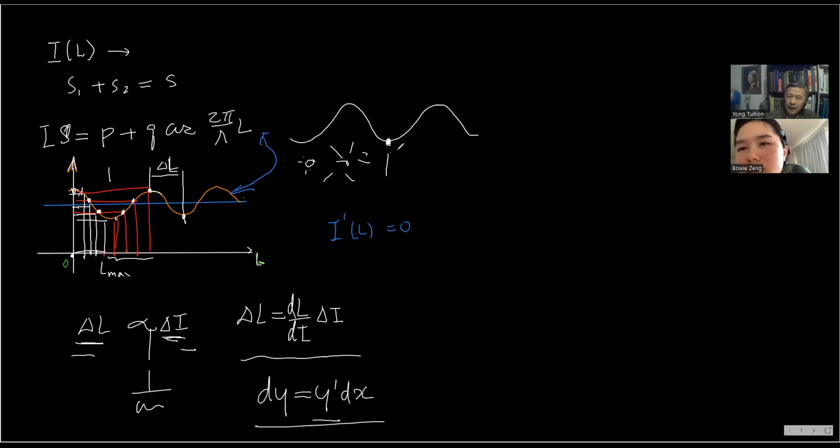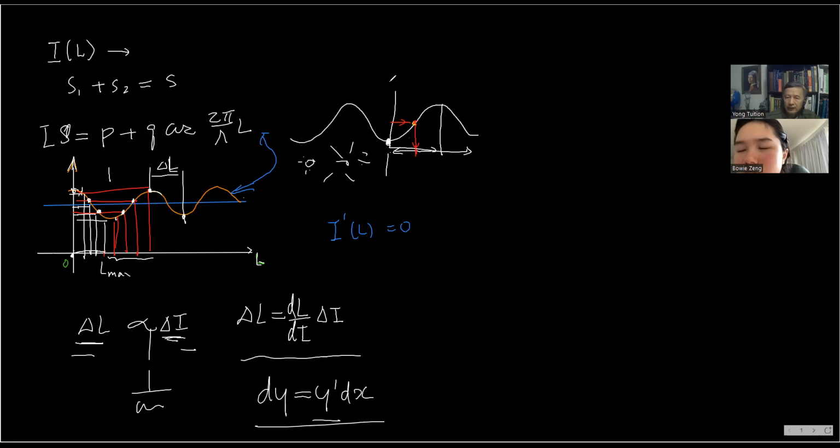Between this one and this one, we can confidently use the intensity to determine the path difference. Once we know the intensity, we can pinpoint this L value.